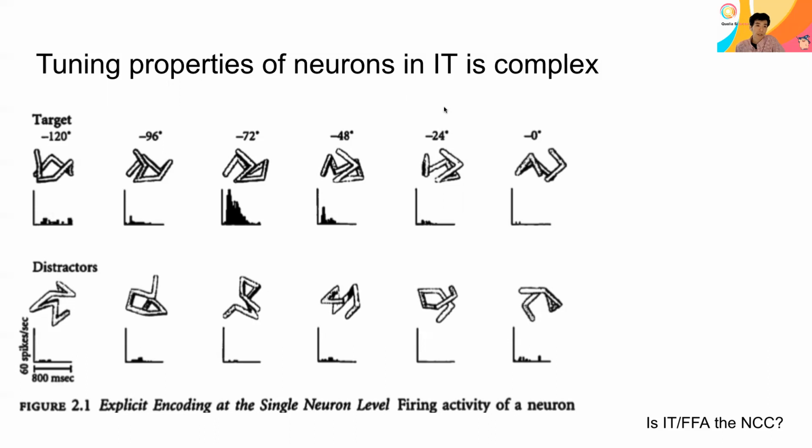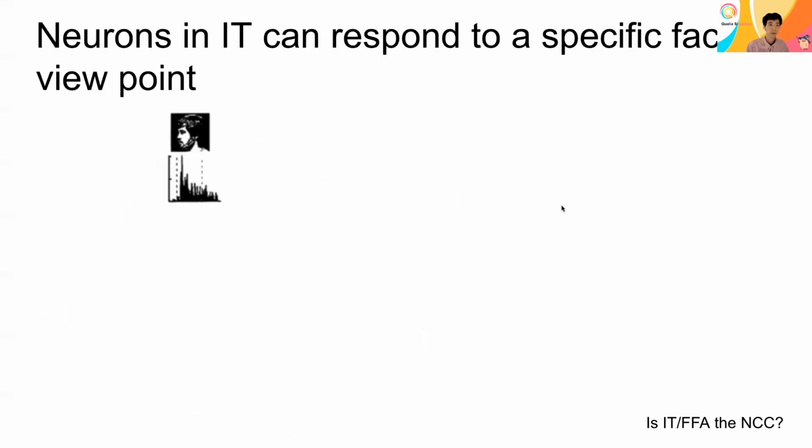The tuning properties of the neurons in the IT are very complex and very selective. This one responds to a particular object and a particular angle. There are also neurons found in IT that can respond to a particular face and a particular viewpoint. Here, there's a neuron that responded strongly when the monkey was seeing this particular face in profile.